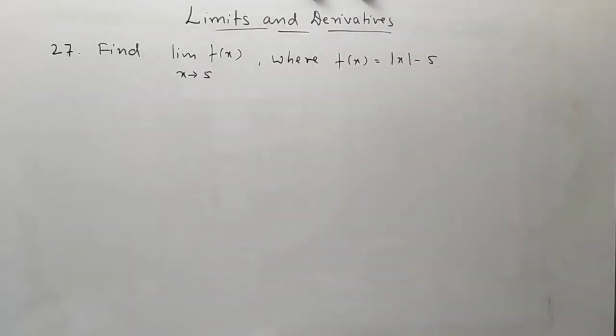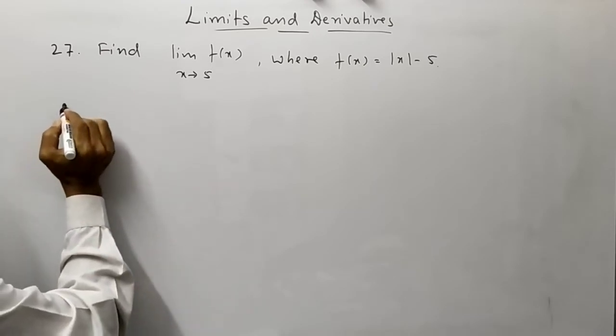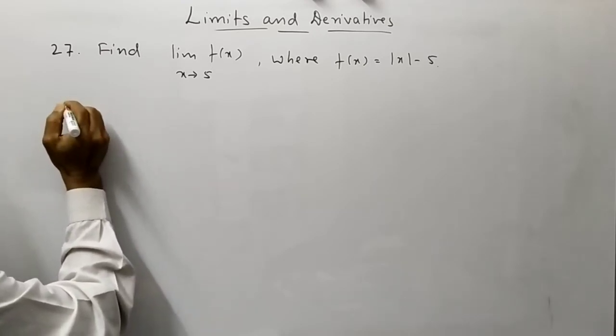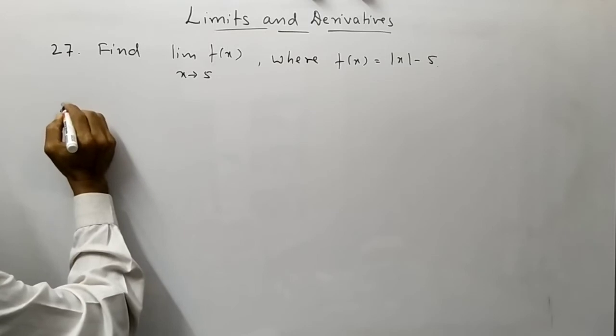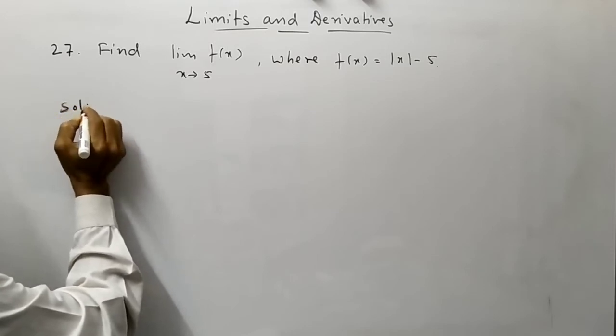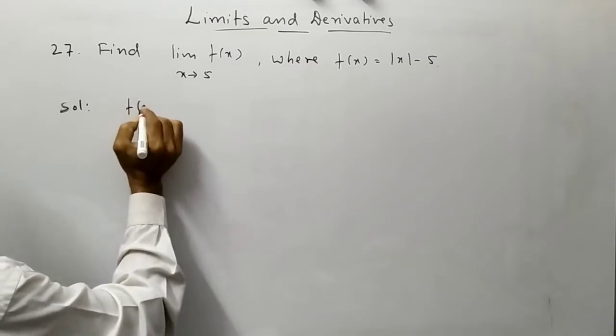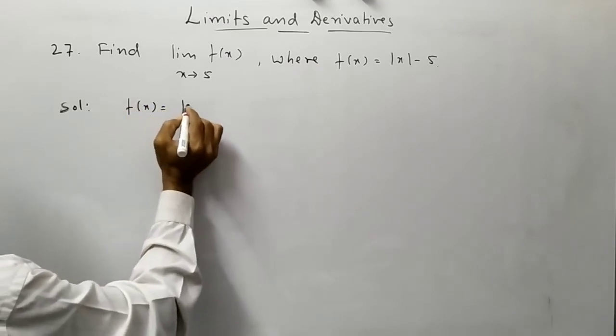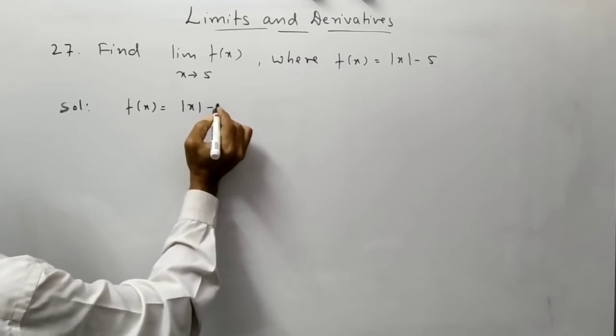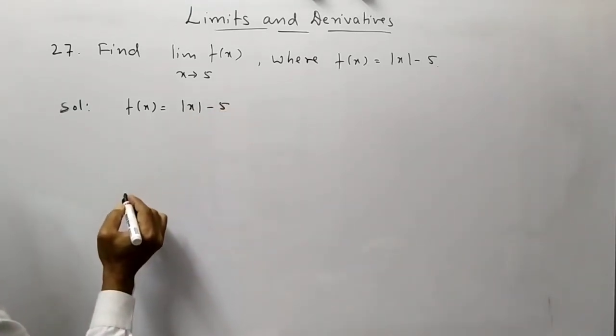Question number 27. Find limit of f of x when x tends to 5, where f of x is equal to modulus of x minus 5. Solution. f of x is equal to modulus of x minus 5.